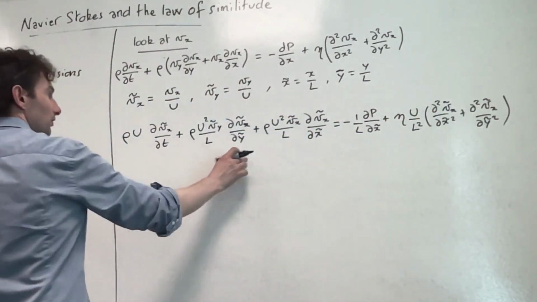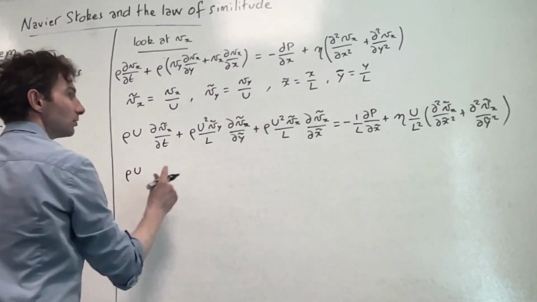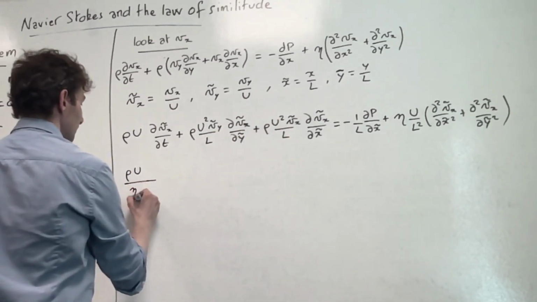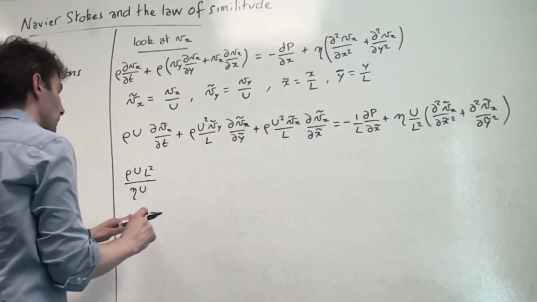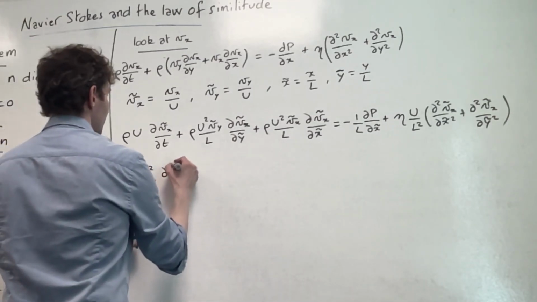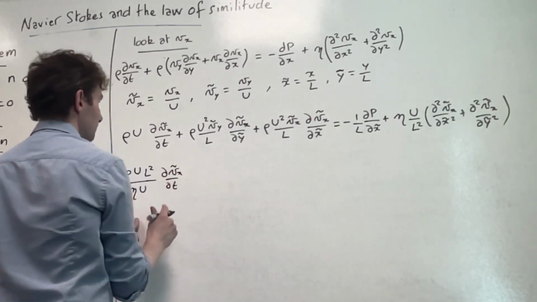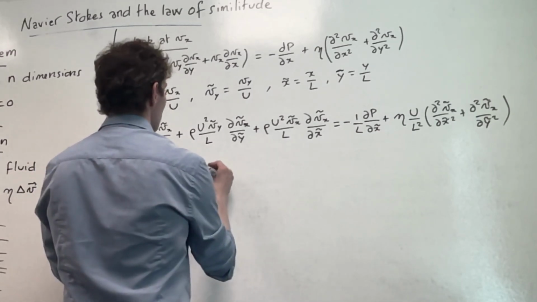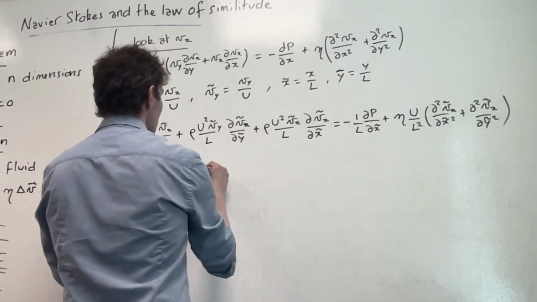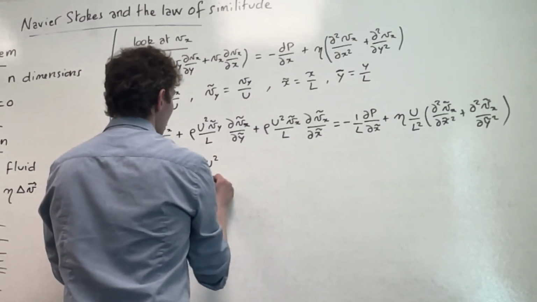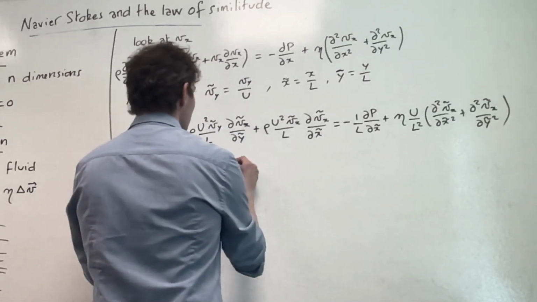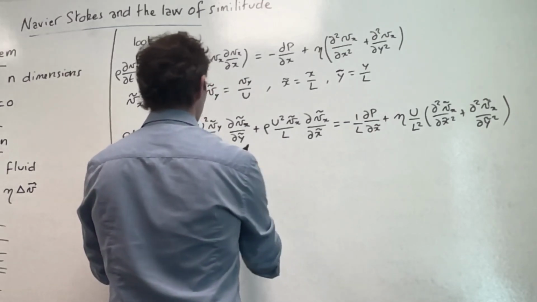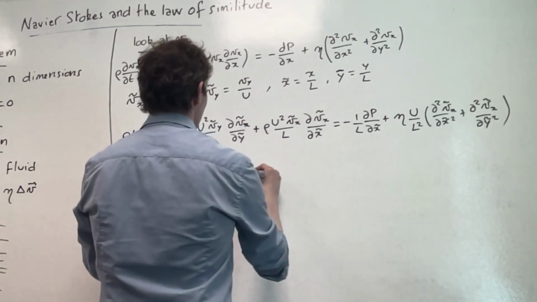Okay, so I'm going to get, and let's be careful here, rho u, and I need to divide by eta u, and then L squared, d Vx tilde dt, then plus, so here I need to be super careful, so I'm going to put things together here, so rho u squared over L, and then here L squared over eta u, and then I put so that's a rho blah blah blah, and so here I can put things together.